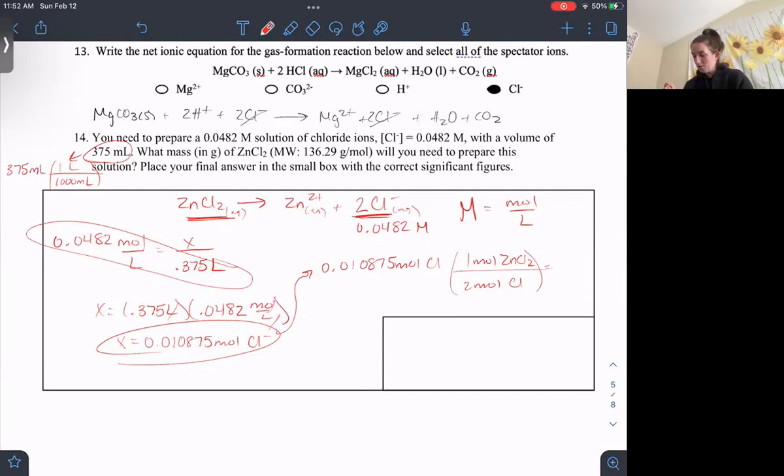Okay, so now we should have more or less moles of zinc chloride. And yes, stoichiometry is just mole ratio. Good, we should have less moles. So we'll have whatever this is in half.